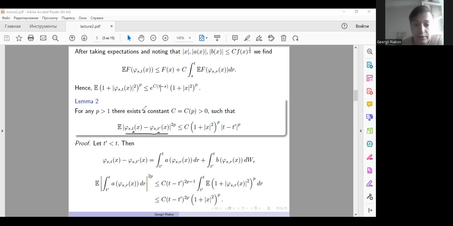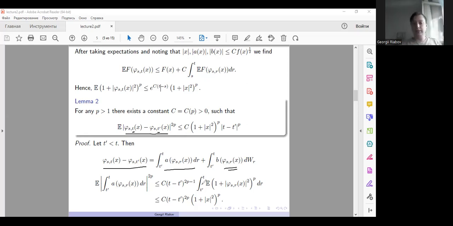To show this, assume that t prime is less than t, then we can write this increment phi s,t of x minus phi s,t prime of x as the sum of two integrals from t prime to t. The first is the integral of a dr, the second is the integral of b dWr.